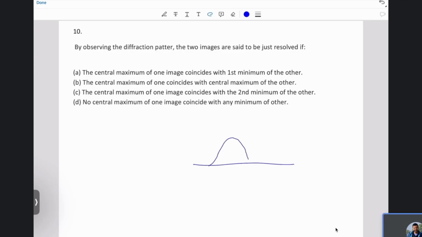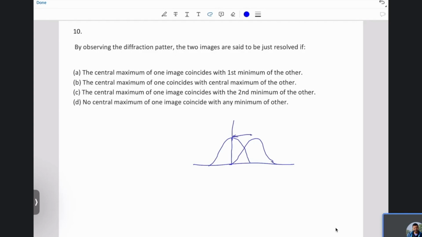So suppose this is the diffraction pattern of the first image. Okay, so if the first minimum of the second image falls here, like this, right?